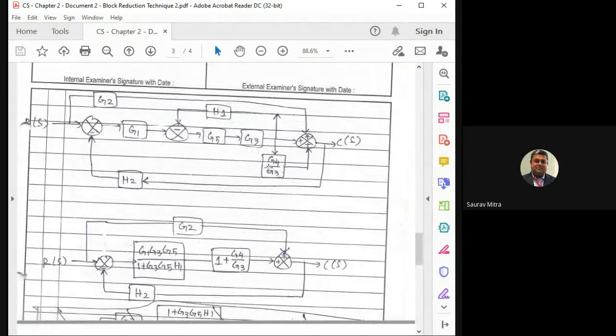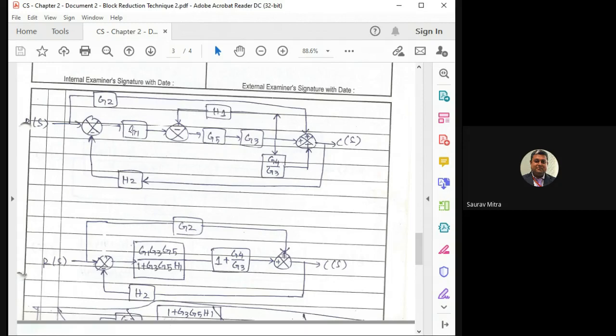Everything else remains the same. The top one becomes H1, the bottom one becomes G4 by G3. Now this thing is G4 by G3 plus 1. So that is what you are getting here, G4 by G3 plus 1. And this part is multiplied, so this is G3 G5. This loop is now not entangled, so this becomes G3 G5 divided by 1 plus H1 G3 G5.